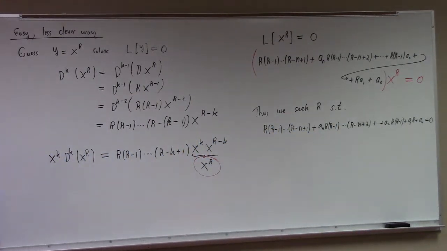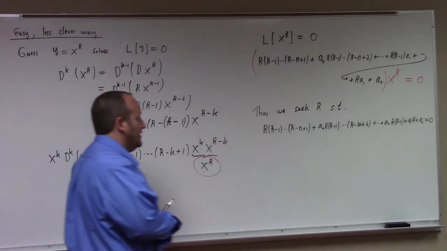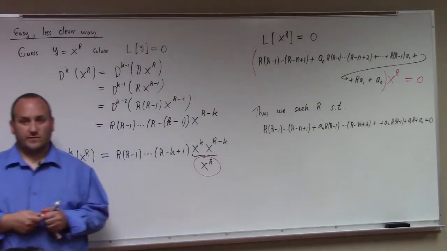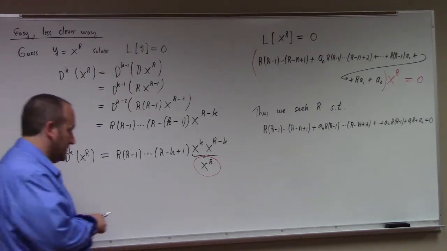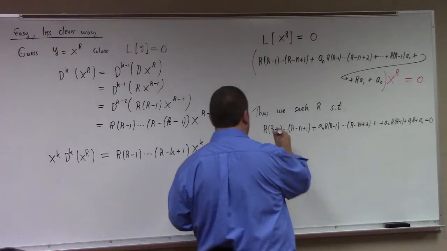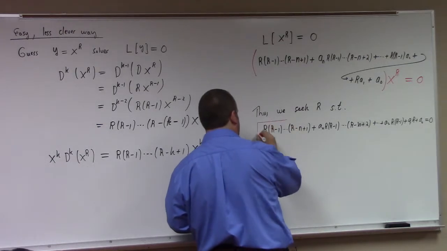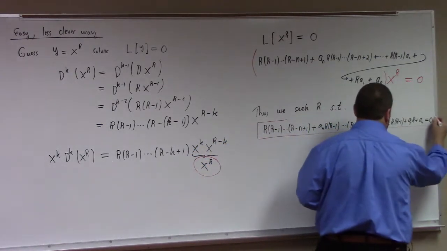Because if this is going to be a solution which works, then by golly, we had better solve this equation, because we cannot hope that x to the r is always 0, right? x to the r is usually non-zero. So if our solution is actually going to be a solution, we need that this so-called characteristic equation is met for r. It's solved. So r has to be a solution to our characteristic equation, which for this problem is this.